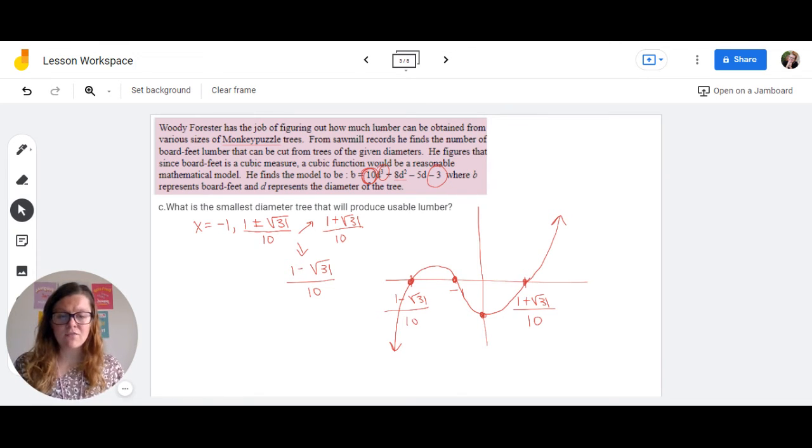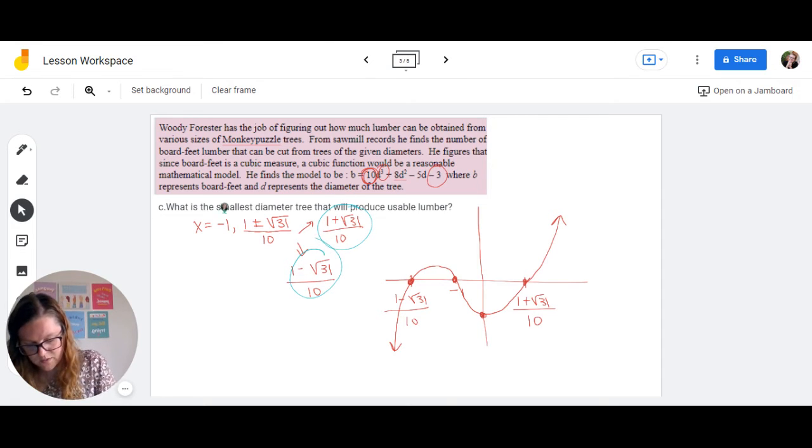Okay, now that I have this, I'm going to think about what it means to be a 0. To be a 0 means that when I plug one of these values into the equation, my output is going to be 0. So obviously, I don't want to make 0 board feet of lumber, right?